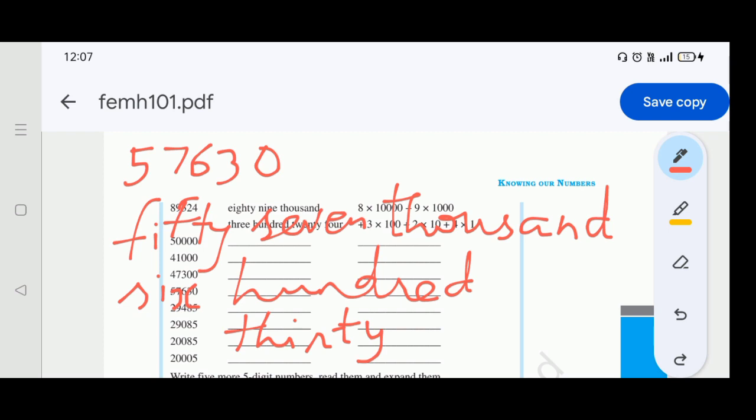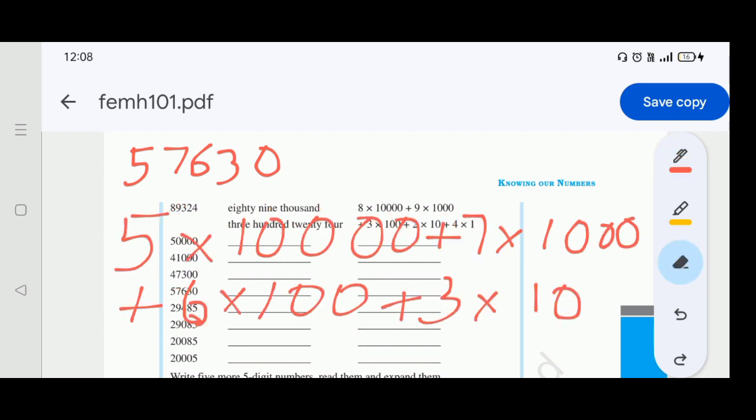So in number names we have written as 57,630. This can be written in its expanded form as, so we can write 57,630 as 5 into 10,000 plus 7 into 1000 plus 6 into 100 plus 3 into 10.